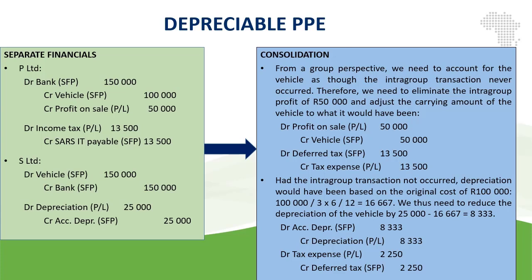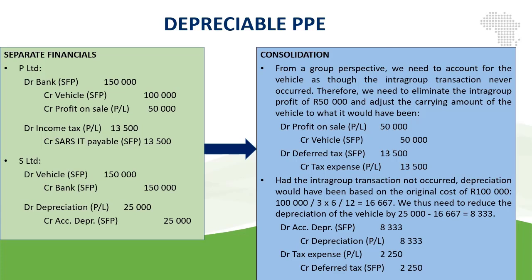Then the next thing that we need to do is to look at the depreciation adjustments. So we know that S Limited recognized depreciation of 25,000, but we need to look at how much depreciation we should have had from a group perspective had this transaction not occurred. And had this transaction not occurred, we would have had to calculate depreciation based on the remaining useful life of 3 years and the carrying amount of 100,000, and that would have given us a depreciation expense of 16,667 for those 6 months.